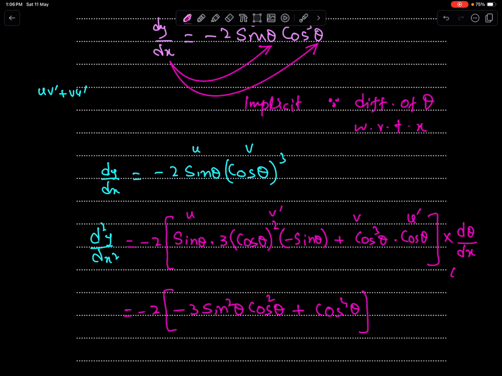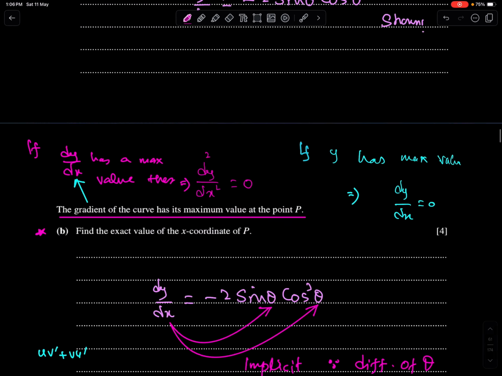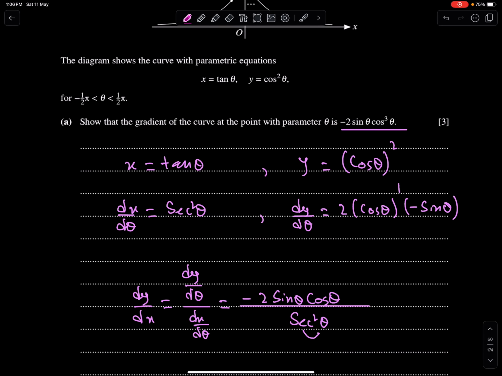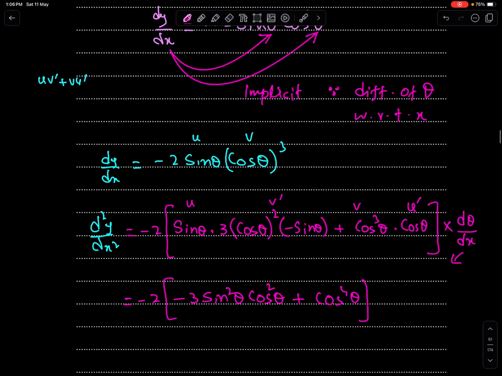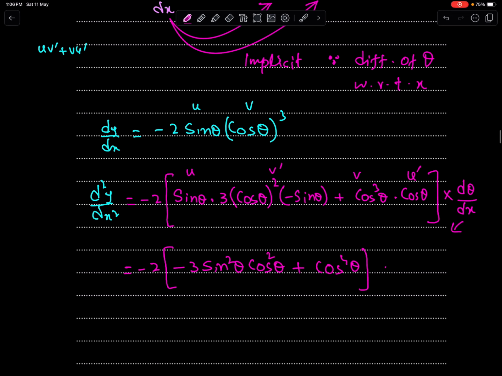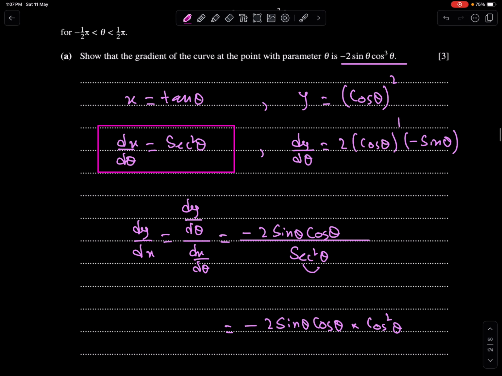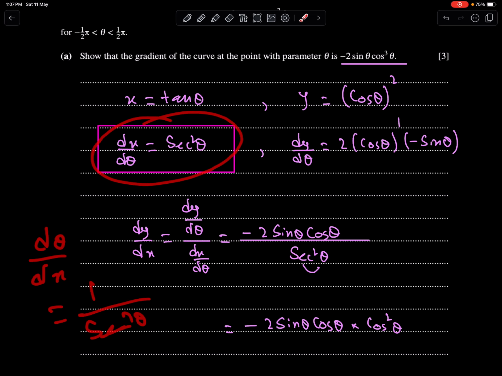Now how to write the value of this? We have this in part 1 or A. This is the value of dx upon d theta, but we need the value of d theta upon dx. So we need to write the reciprocal of this. So the reciprocal of dx upon d theta is 1 upon sec square theta.